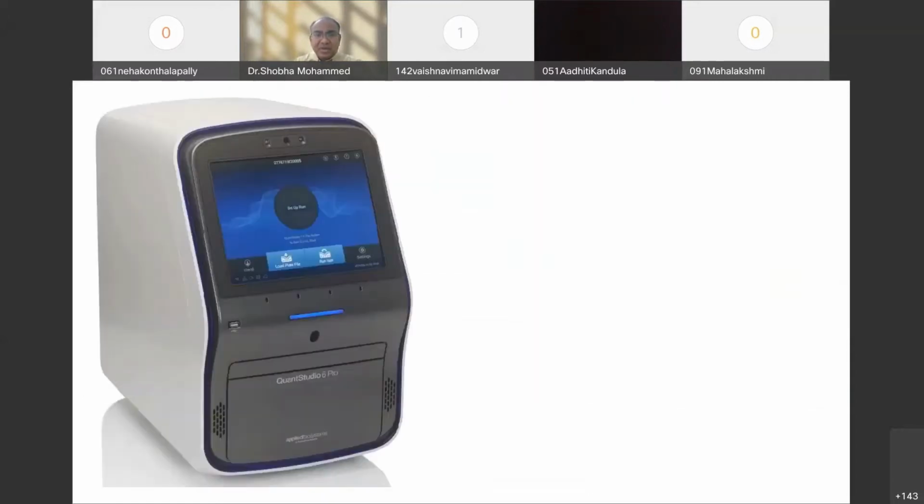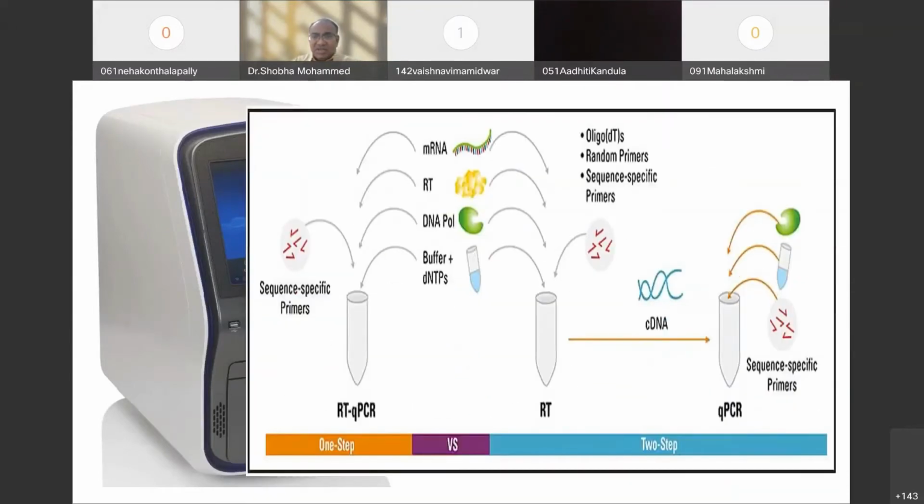Now, this is another machine. This is a very important one. So once again, I have the one-step qPCR and the two-step qPCR here. So it means real time, and this is real time. Q stands for quantitative PCR technique, where the sequence of the primers that is present here, I directly add to the aliquots.